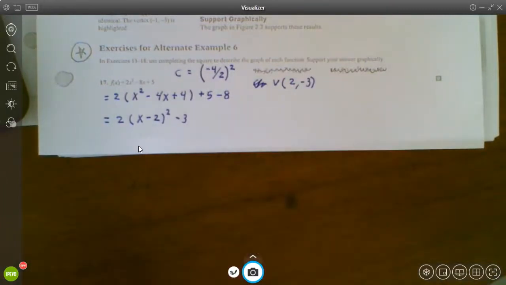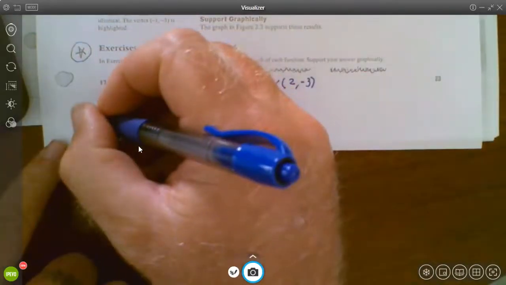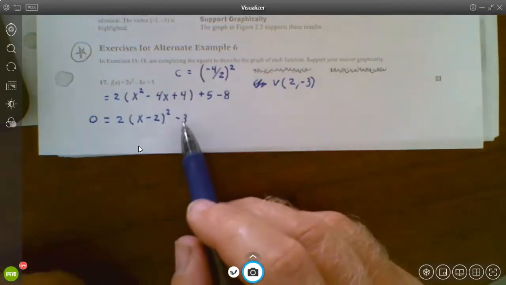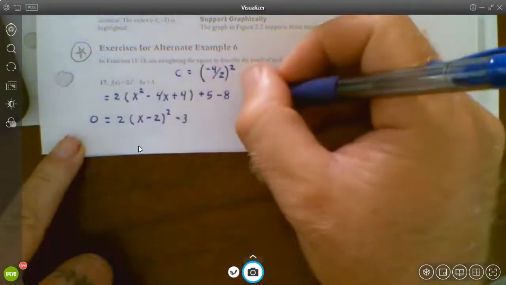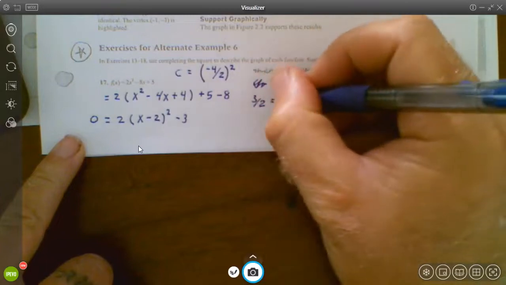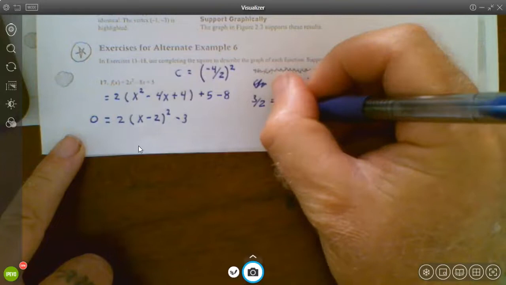If you want to find those by hand, we could certainly do that. I simply set the equation equal to 0 and solve for x. So first thing that you would do is you would add the 3 over, you would divide by 2, which would look like this.